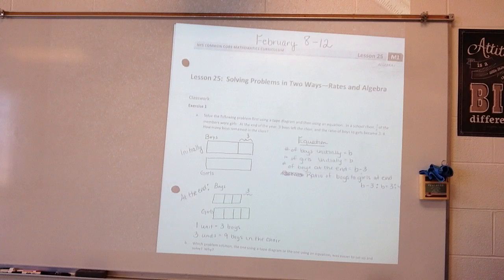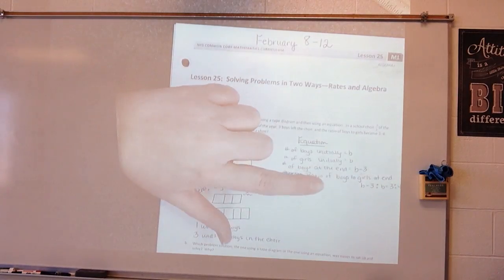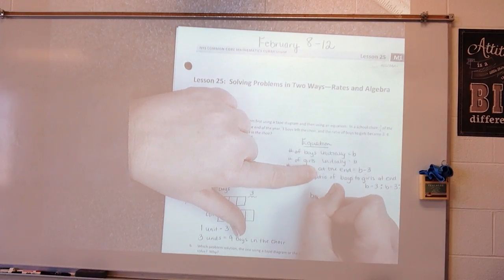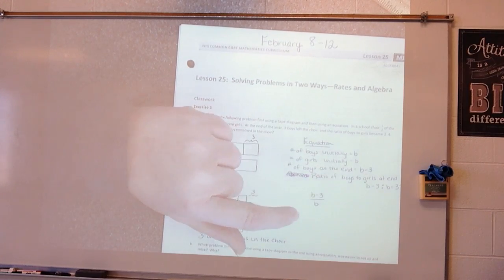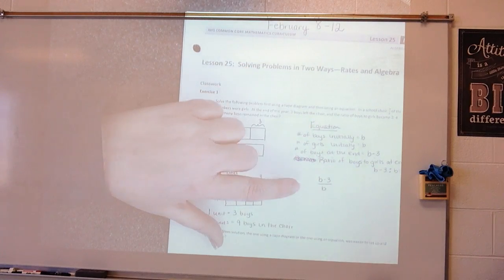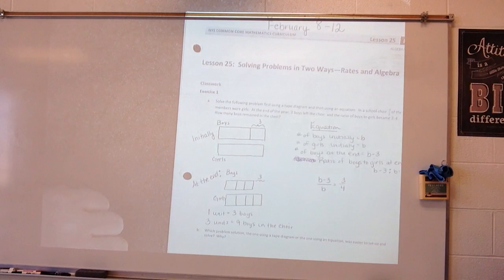I can set this up as a ratio. My boys to girls: at the end of the year, the boys was B minus 3 over the number of girls, which was B. And we can set that equal to the ratio, 3 to 4.